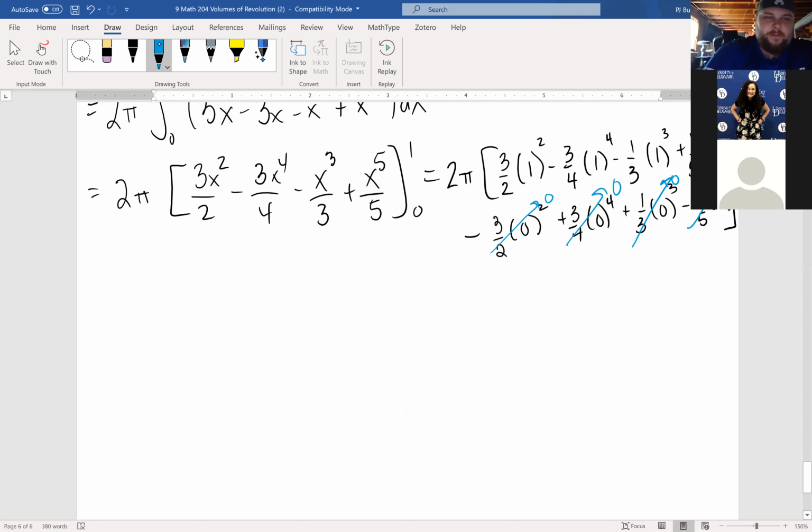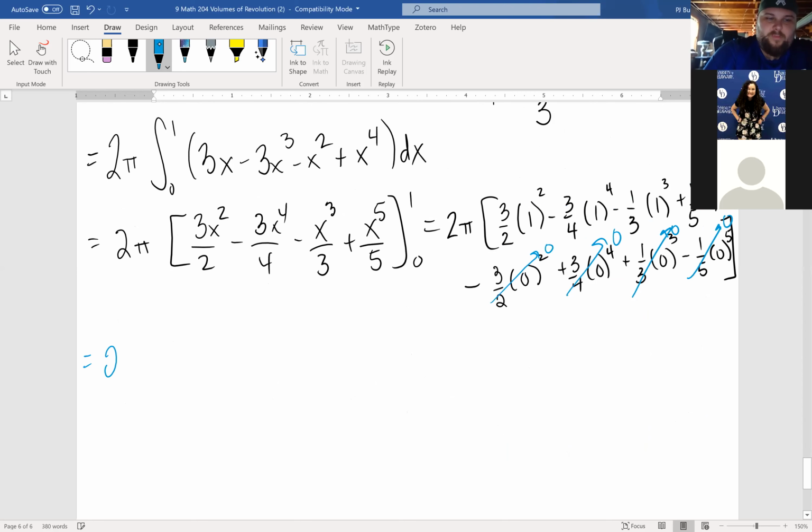So we end up with 2 pi times 3 halves minus 3 fourths minus 1/3 plus 1/5.